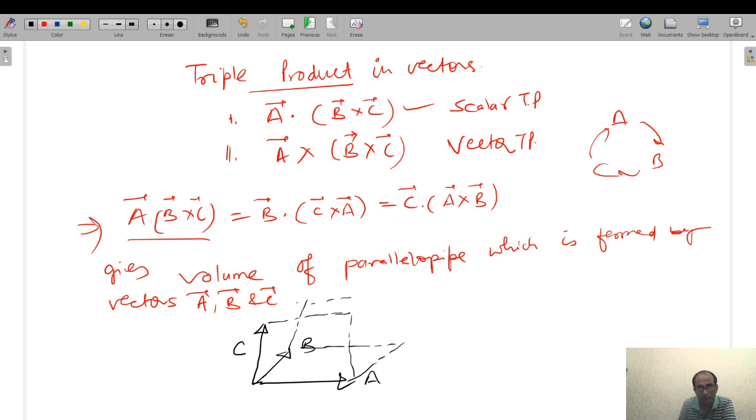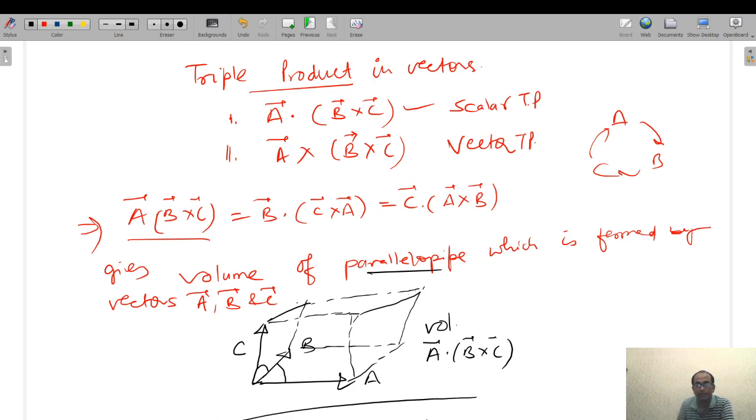Complete this, and here we have a parallelepiped. These angles need not be 90 degrees, so the figure that forms will not be a cuboid. It will be called a parallelepiped. So its volume is given by this expression A dot B cross C, or these two, right? They are all equal only. So here we have completed this chapter on vectors.